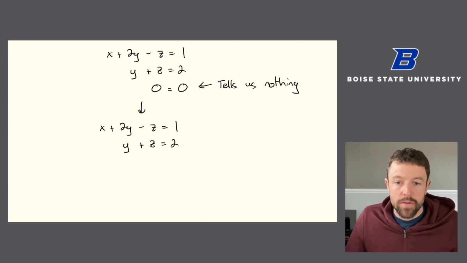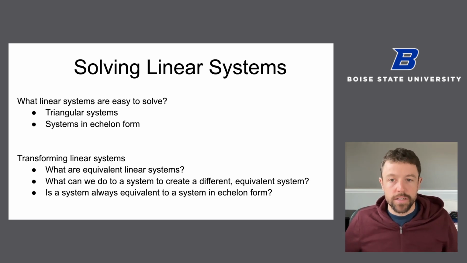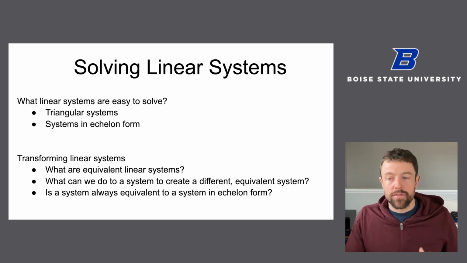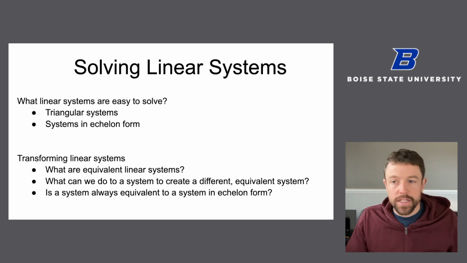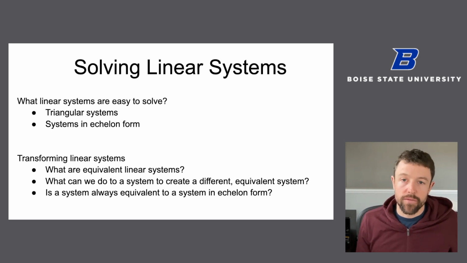All right, so I think I've accomplished what I wanted to in this video. We looked at systems that were easy to solve in triangular form, which is a specific example of echelon form. Saw how to solve those with back substitution, and saw that it's possible to take linear systems and, through a series of elementary operations, transform them into other systems that are easier to solve. And in particular, you can always get to a system in echelon form.